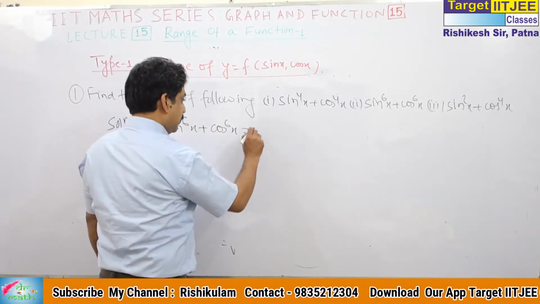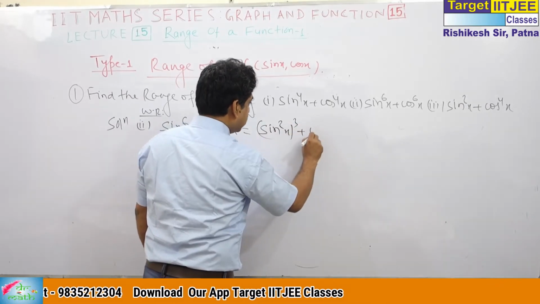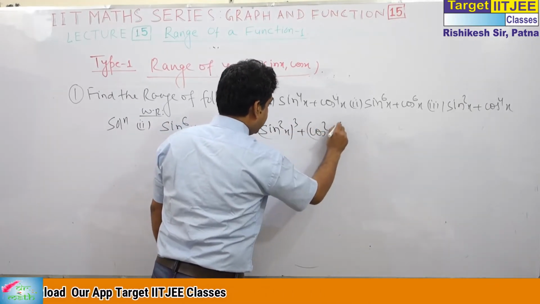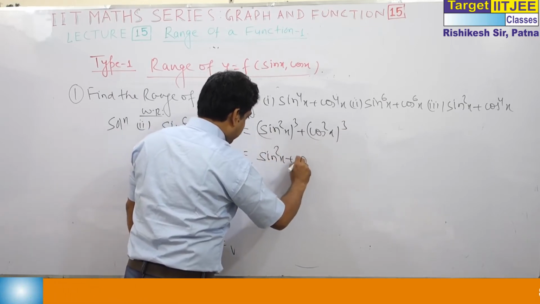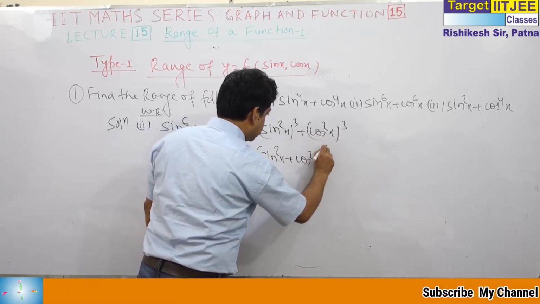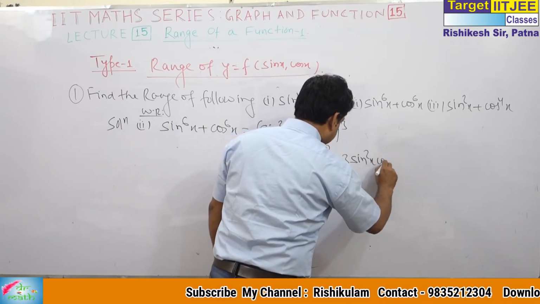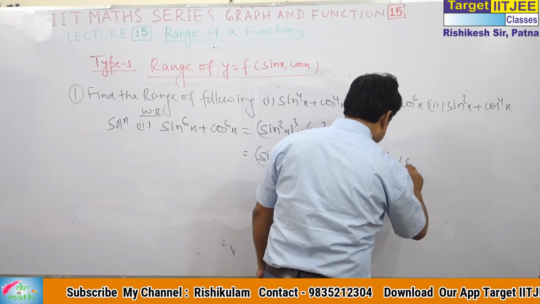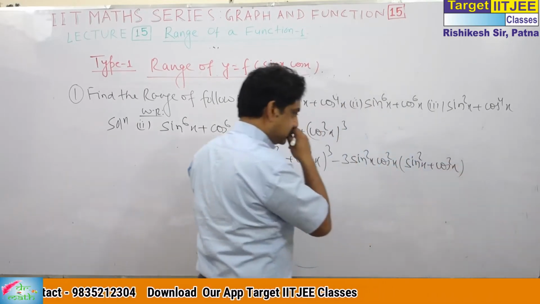I can write this as sine square x whole cube plus cos square x whole cube, which means sine square x plus cos square x whole cube minus 3 sine square x cos square x into sine square x plus cos square x.